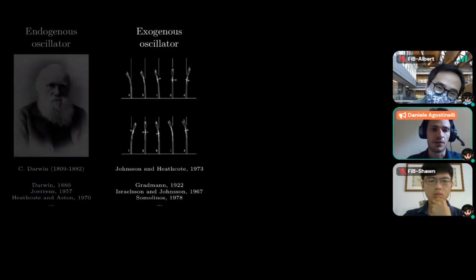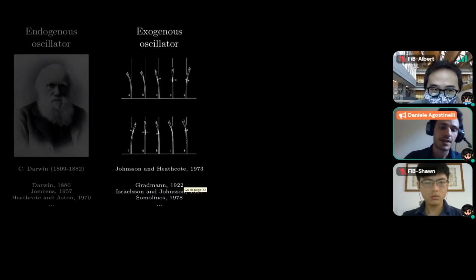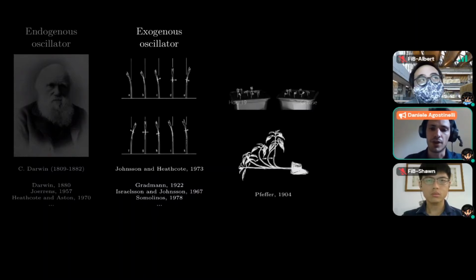Then there is the second theory, the exogenous oscillator, which traces back to a paper by Gradmann in 1922, who described these oscillations as a spontaneous reaction of the plant to external stimuli. For instance, it is well known that plants react to gravity.